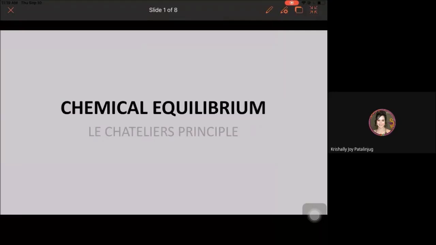For this afternoon, you will get to learn all about chemical kinetics, chemical equilibrium to be specific, and the incorporation of Le Chatelier's principle. So, how do we distinguish a chemical reaction attaining an equilibrium state?